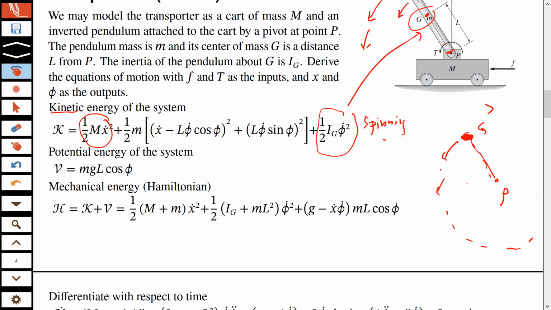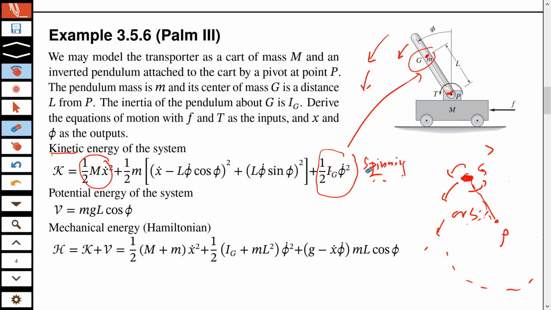So that is one part, that will be orbital motion. But combined with that, you can also imagine spinning about G. So this is the spinning part. And that's why we are not writing IP, because IP would mean that we're also including the orbital motion. So that's why deliberately this is IG.